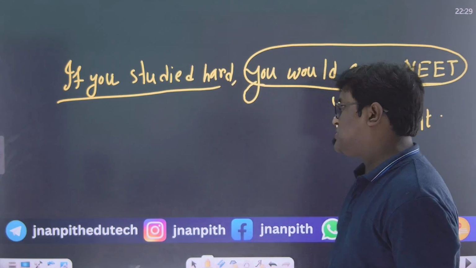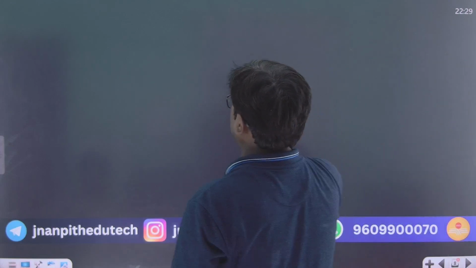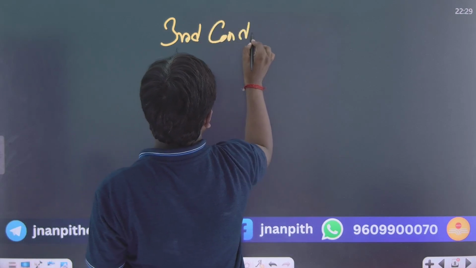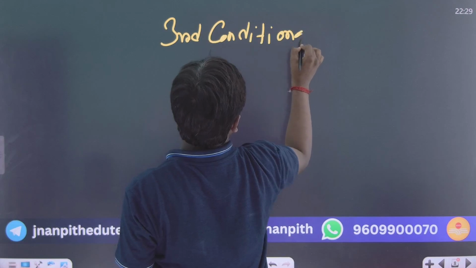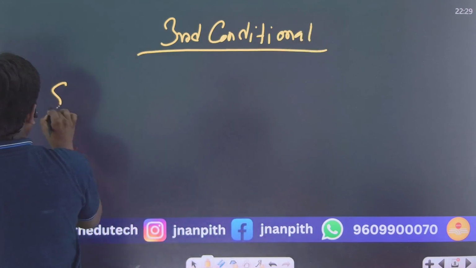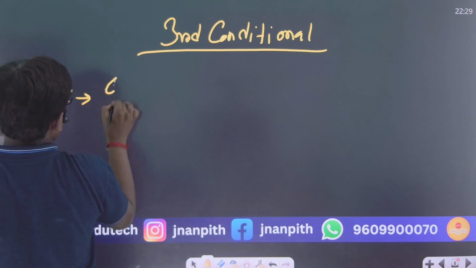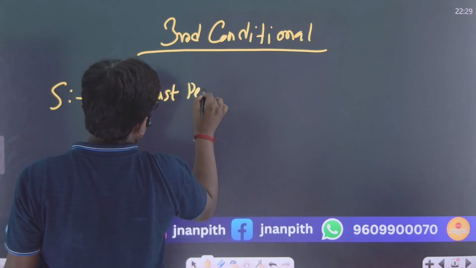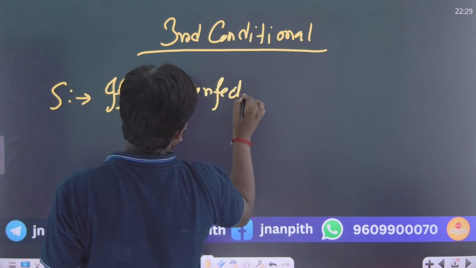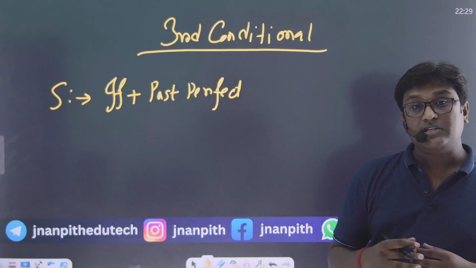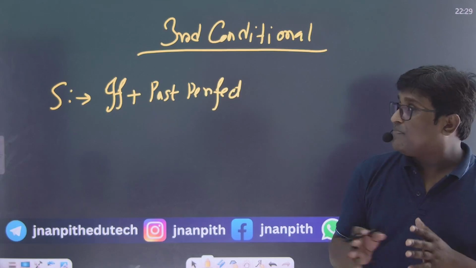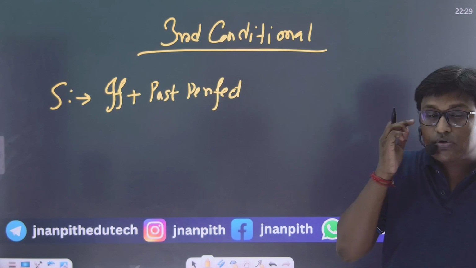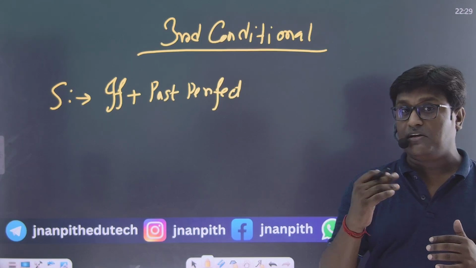So the final conditional will be the third conditional. The structure is thus: if plus past perfect. Whenever you see such questions in the exam, just try to recall the structure of each and every conditional.